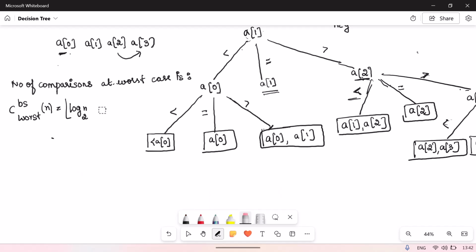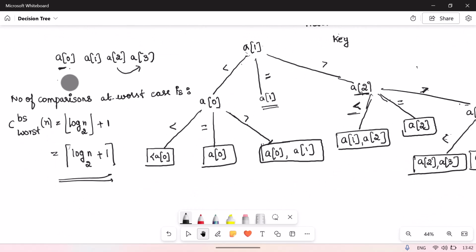It is this plus 1 comparison. So together it is the floor value of this. This will be for your binary search.